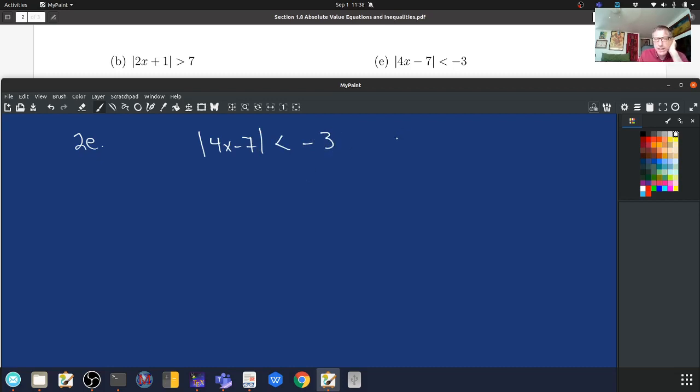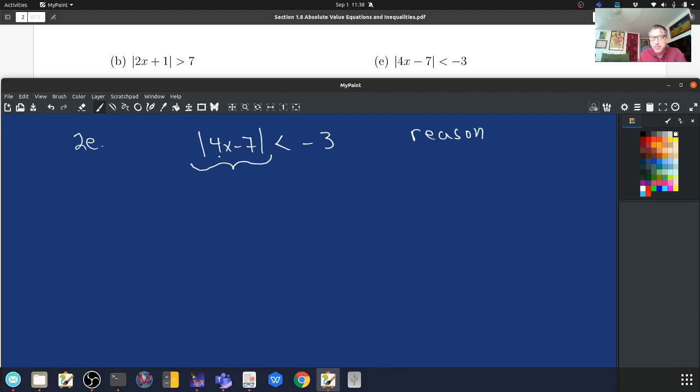So what the heck? Let's reason. Let's think about this. What do I know about the value over here? No matter what value of x is chosen, when I multiply it by 4 and subtract 7, I'm going to take its absolute value.